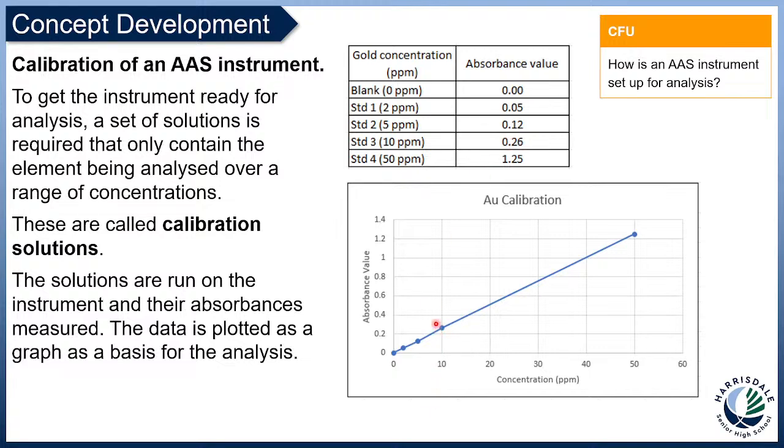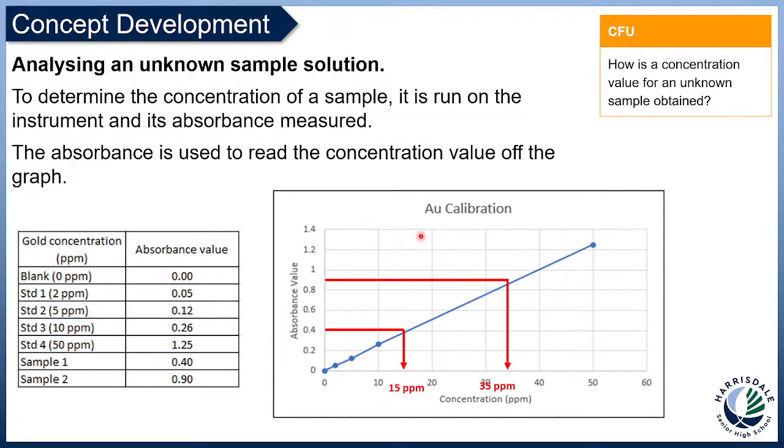The machine will spit out that number. You then put a concentration of 50 parts per million into the machine, and the absorbance value is 1.25. Then you take those X and Y values, put them on your graph and draw this line. Very easy. Then you will go on to the next unknown value.